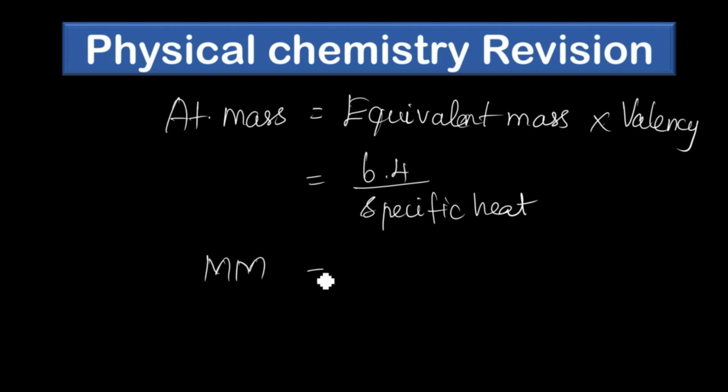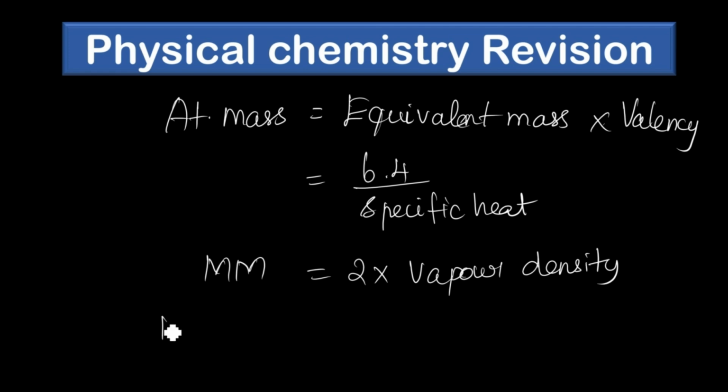Then we are going to find the molecular mass. For finding molecular mass, the simplest formula is 2 into vapor density. Most of the cases they will give the vapor density value. So 2 into vapor density is our molecular mass.